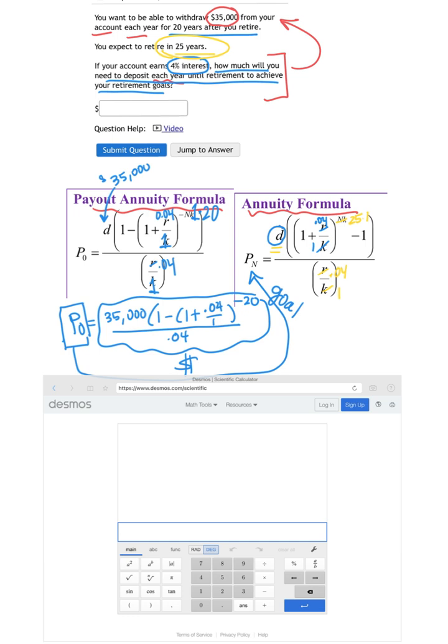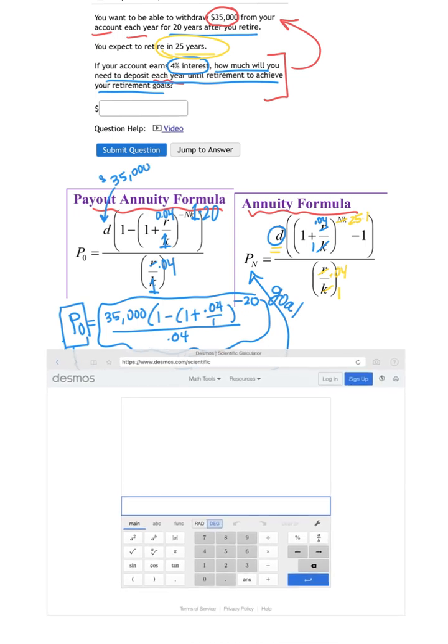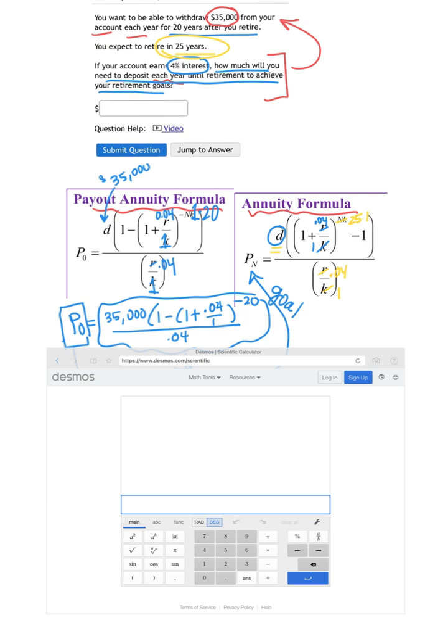So I just popped up my decimal scientific calculator, and I want to be able to enter that information. So I'm going to enter the 35,000.